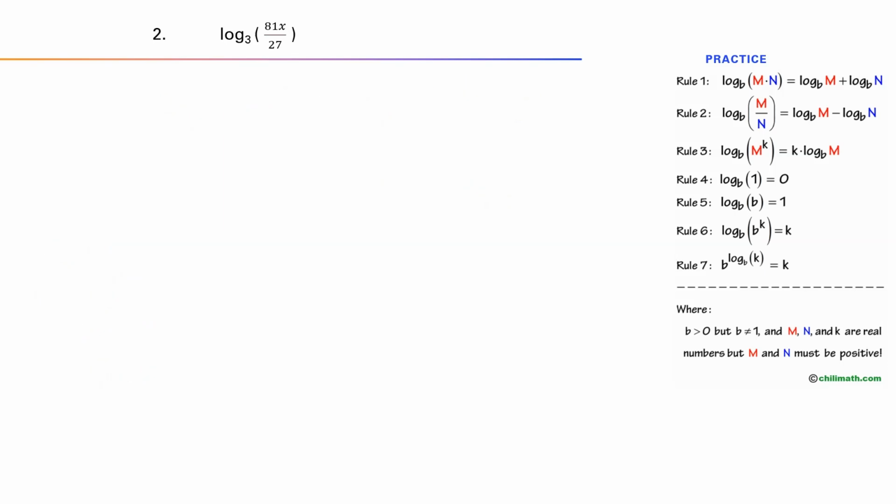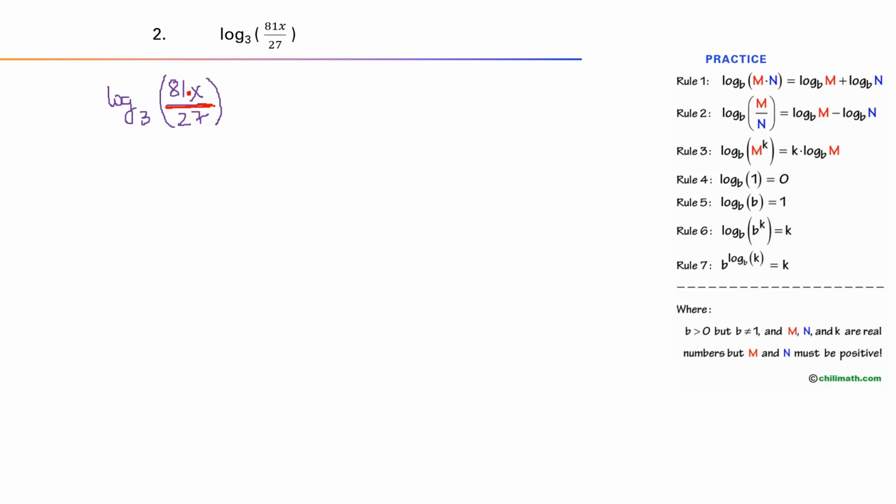Now we have this one. Log base 3 of 81x over 27. So we have the product, where it's 81 times x, right? And also we have a quotient part right here.